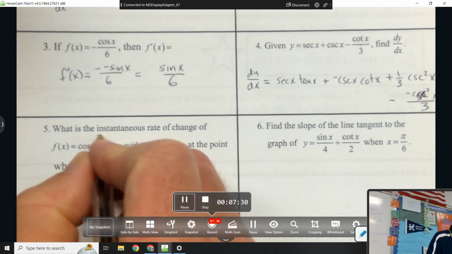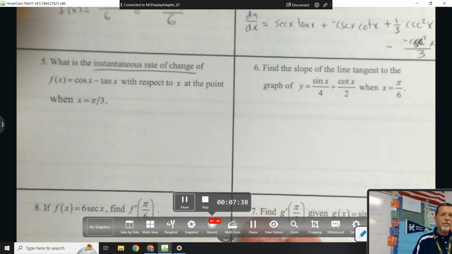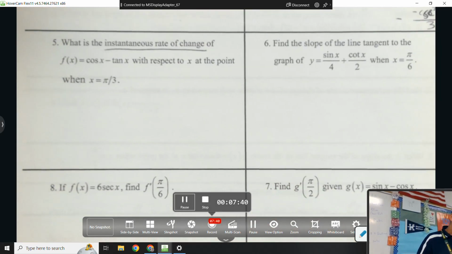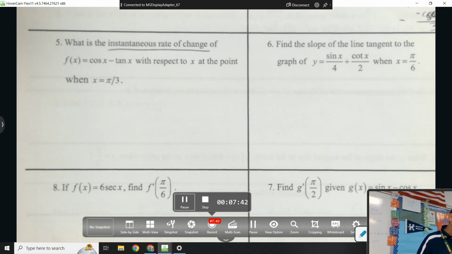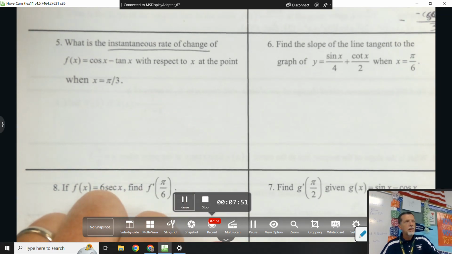Number 5, instantaneous rate of change. What's that code word for? Derivative. This is like almost everything. It's asking for a derivative. Instantaneous rate of change of f of x equals cosine minus tangent at pi over 3. So how is number 5 different than the previous 4? Yeah, it gives you a point, or a value, to plug in.